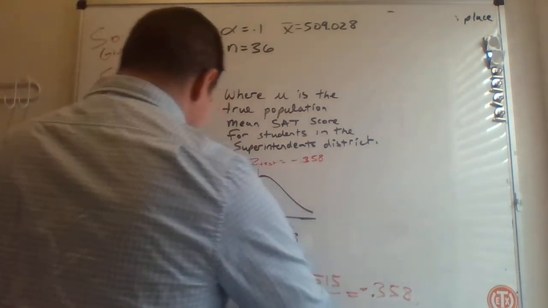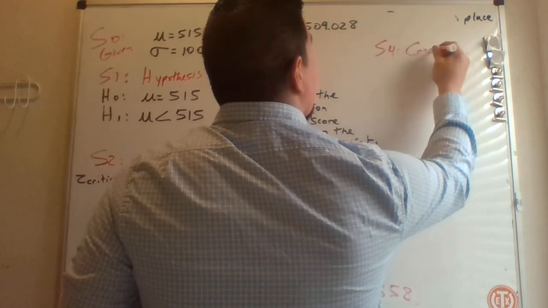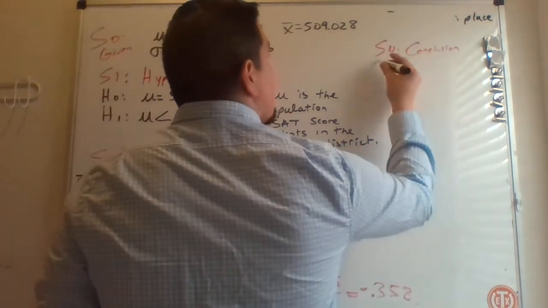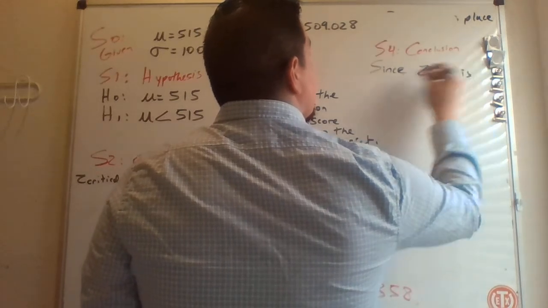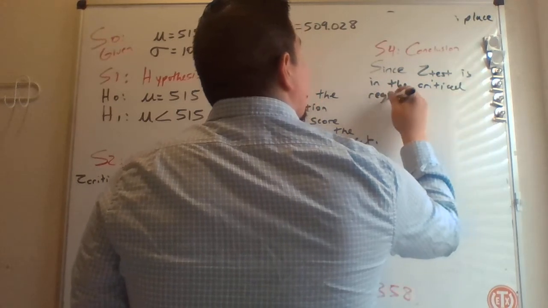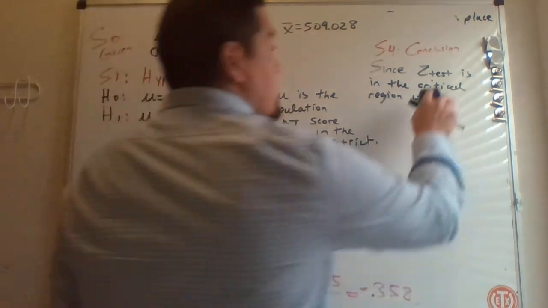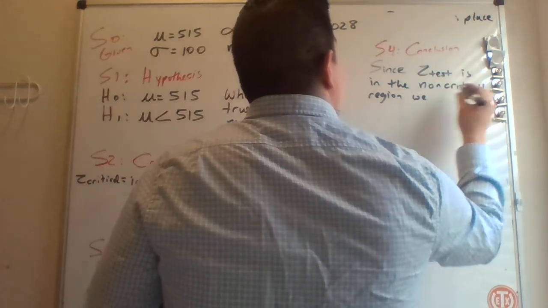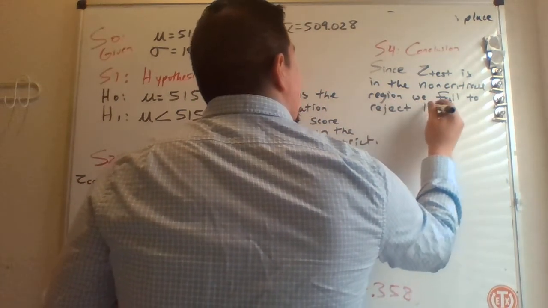So we're going to make conclusions. So step 4, we will say since z-test is in the non-critical region, we fail to reject H0.